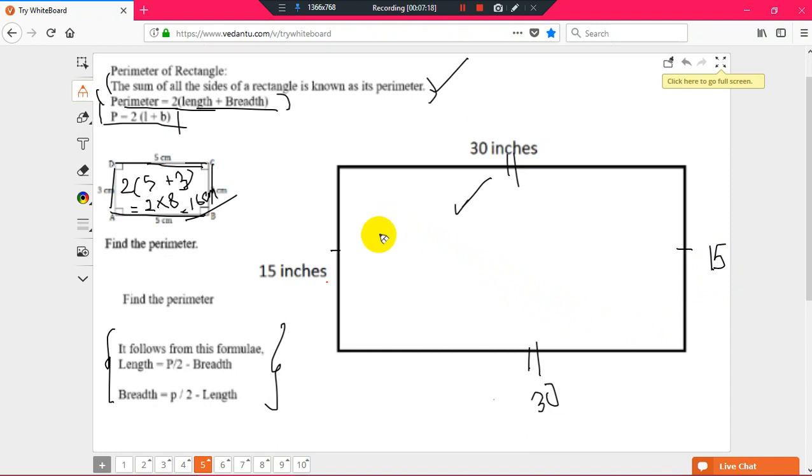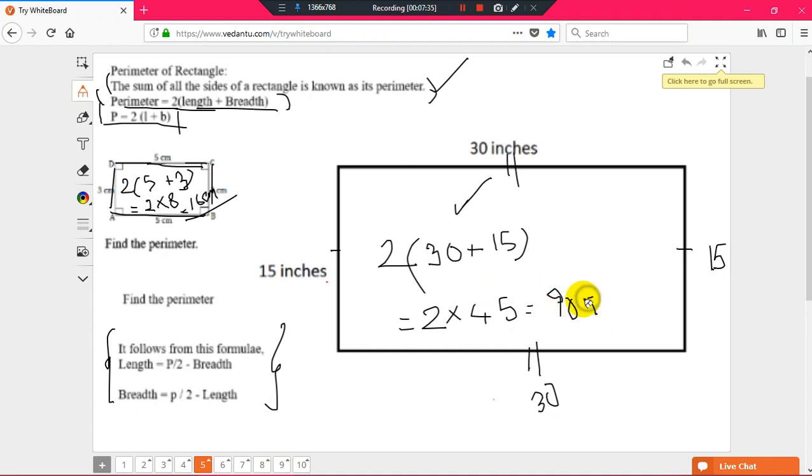So the perimeter will be 2 into 30 plus 15, that is 2 into 45, that will be 90 inches for this rectangle. So now we have the idea of how to find the perimeter of a rectangle.